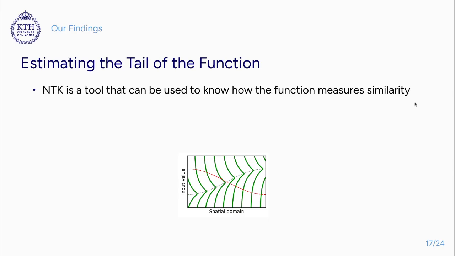Is it like a Gaussian similarity or is it like a Laplace similarity? And it turns out that people have studied neural tangent kernels and have shown that the functions that we get from neural networks measure similarities with the Laplace kernel, or it's very similar to the Laplace kernel. And one distinguishing factor of the Laplace kernel is that in the Fourier domain it has a very heavy tail.